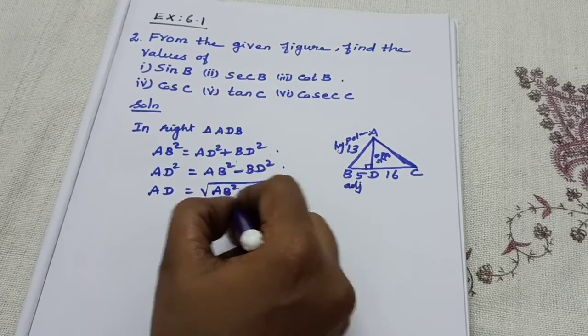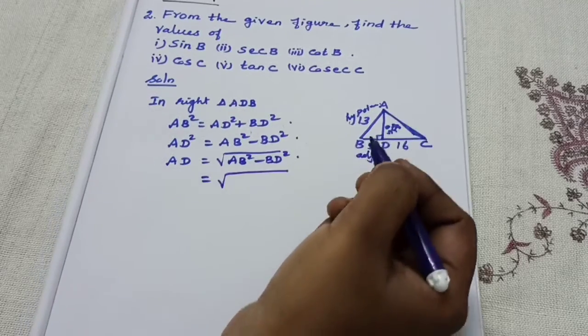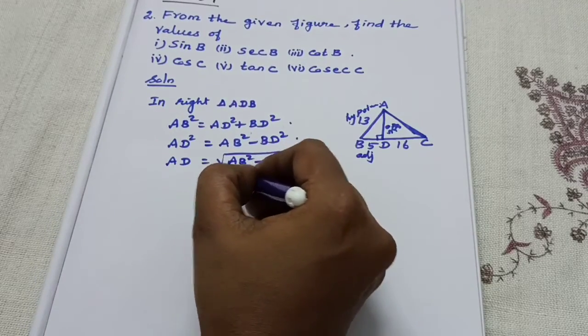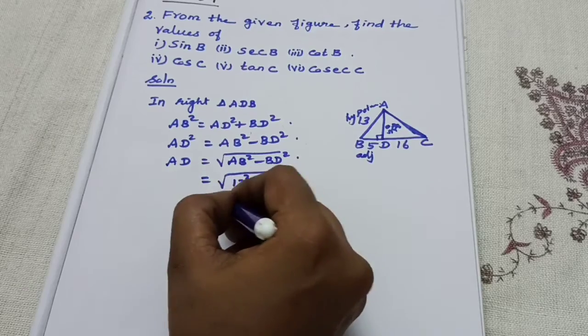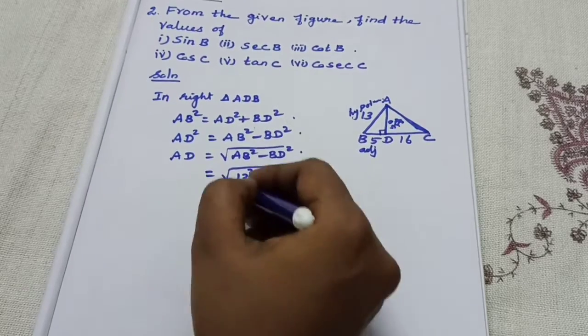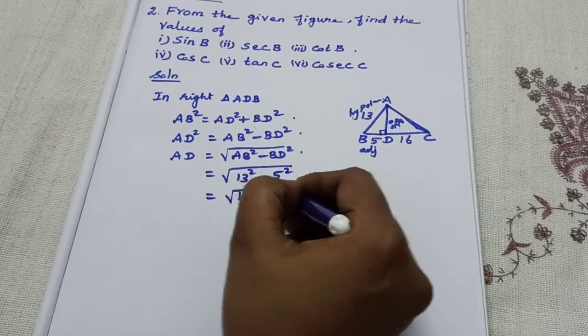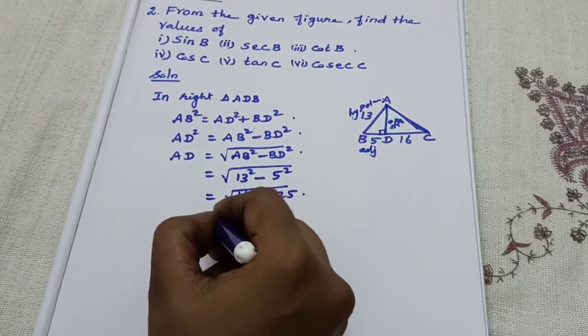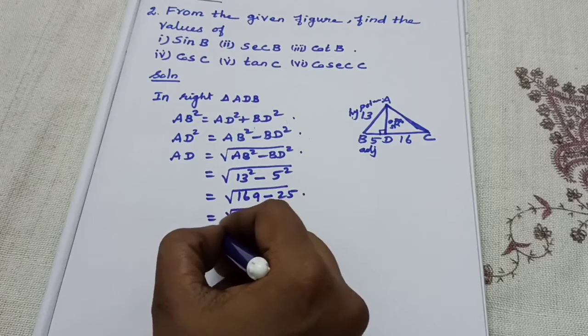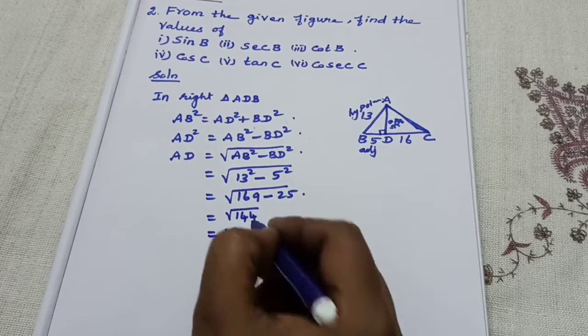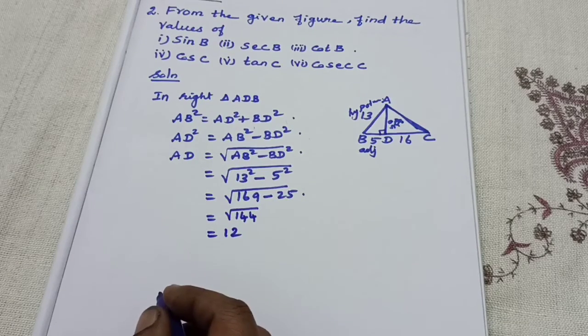Then equal to square root of 13 square minus 5 square. Then equal to square root of 169 minus 25. Then equal to square root of 144, which is 12 we will get, like the last question.